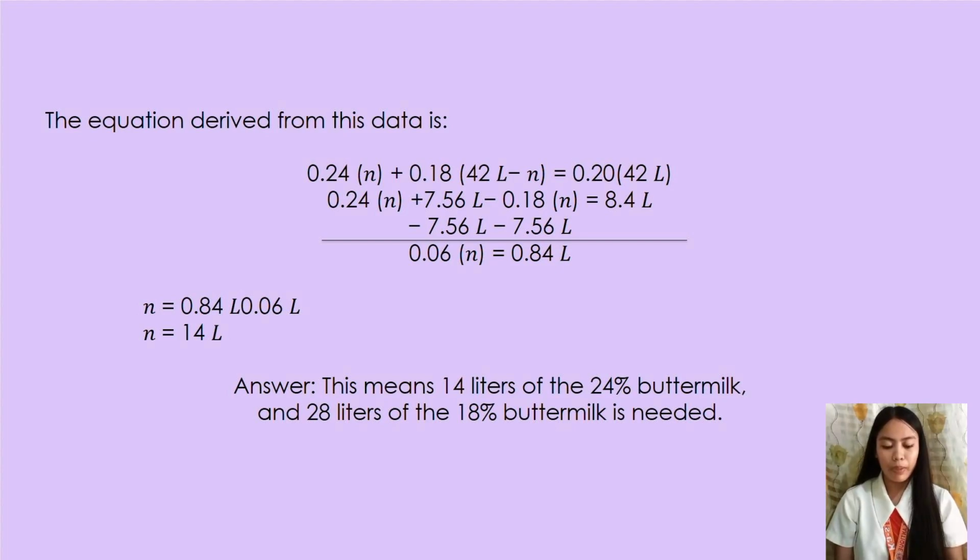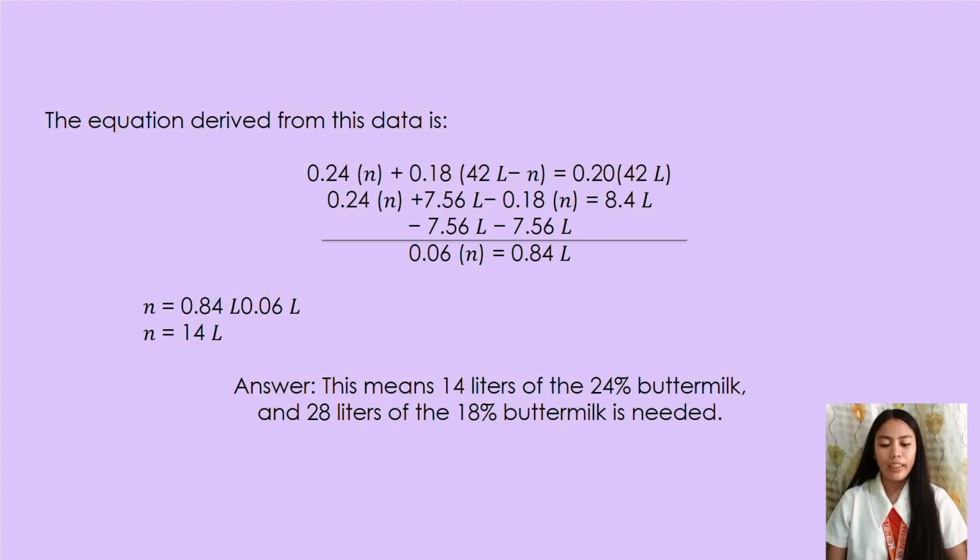Multiply 0.18 by 42 liters minus N to have a product of 7.56 liters, and subtract 0.18 times N. Then multiply 0.20 by 42 liters to have a product of 8.4 liters. So 0.24 times N plus 7.56 liters minus 0.18 times N equals 0.06 times N, and 8.4 liters minus 7.56 liters equals 0.84 liters.